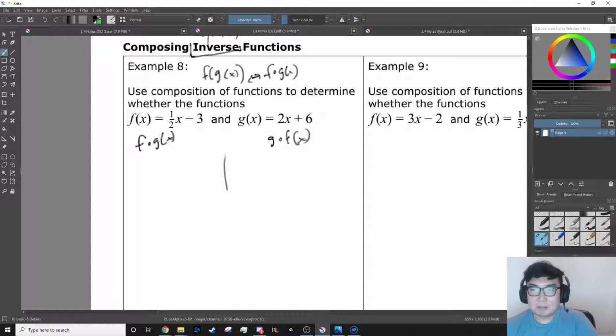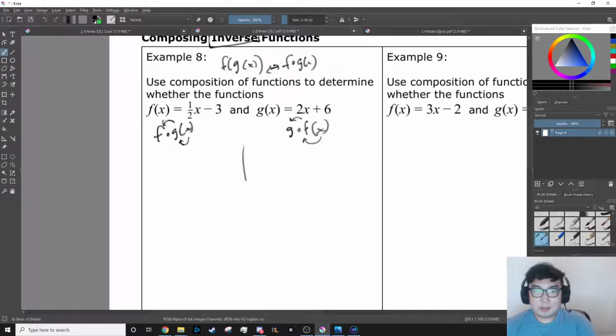It's the same thing. Okay. And whenever you see this problem, or if you write it down yourself, you will always draw these arrows telling you your steps. You start from the back and you go towards the front, because you have to evaluate g of x first before you can evaluate f of g of x.